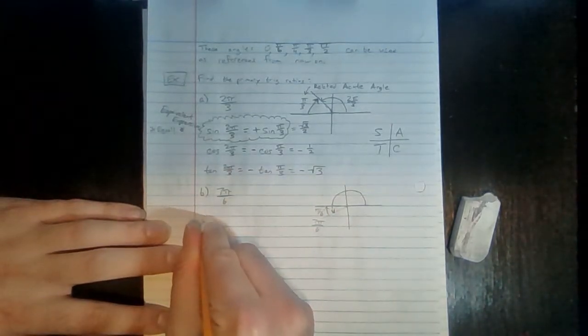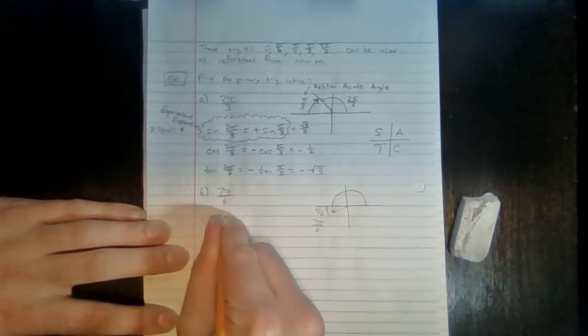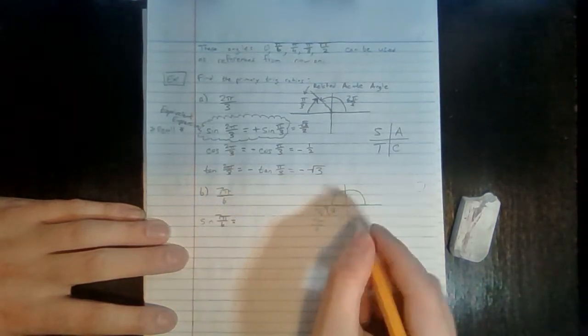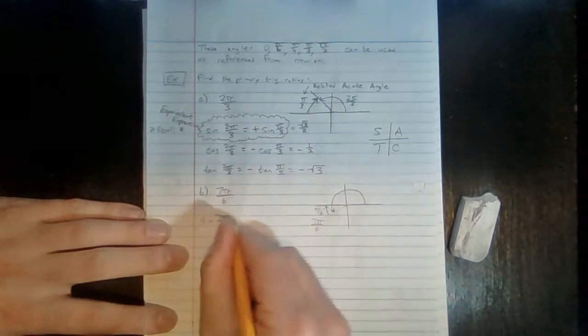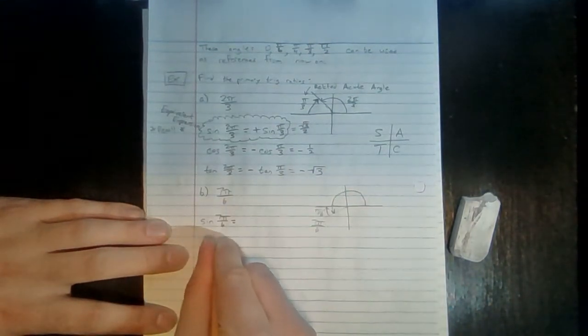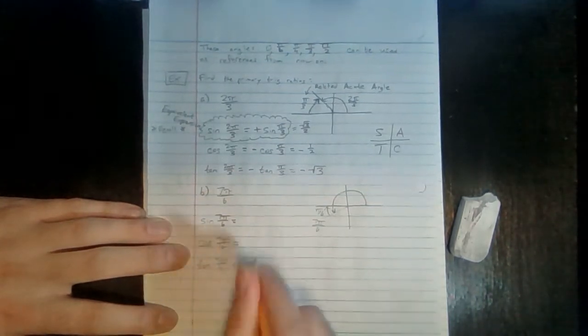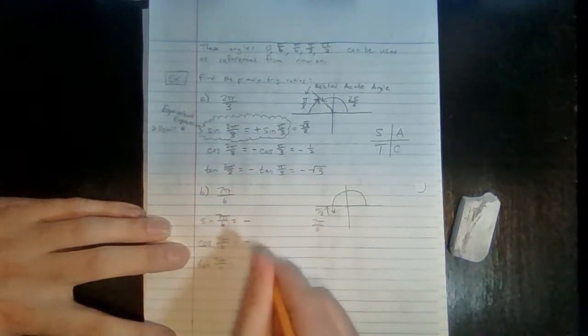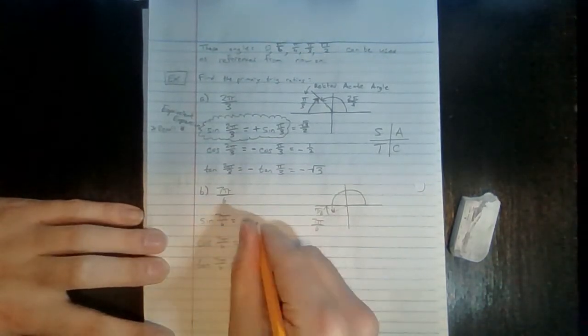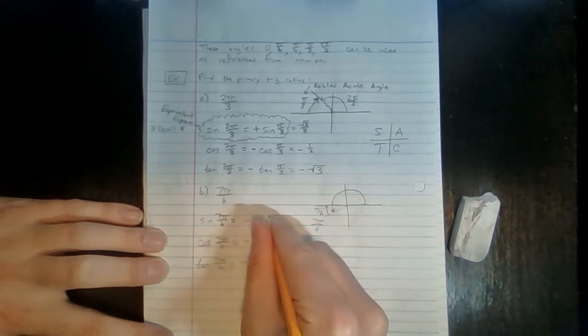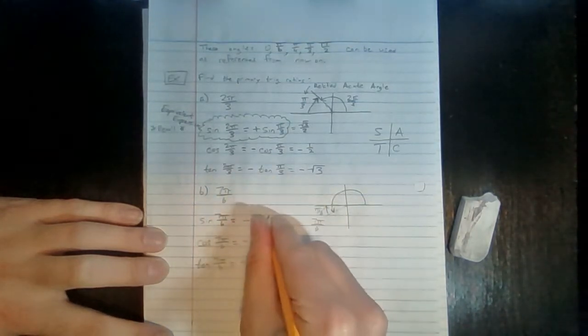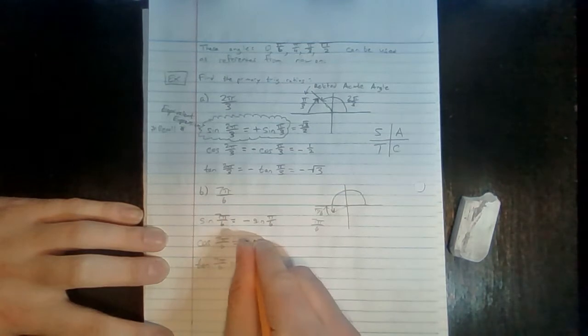Sine of 7 pi over 6. We're in the bottom left quadrant, so only tan is positive. So our sine and our cosine are negative, tan is positive. And all of these are for the related acute angle of pi over 6.